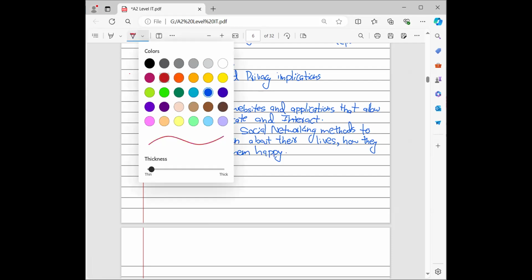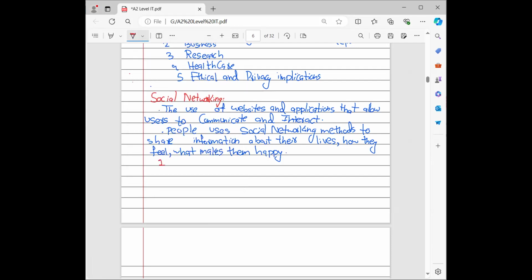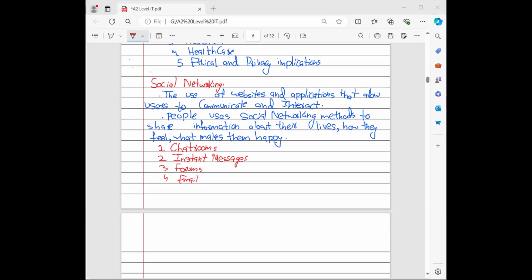Some examples right here can be chat rooms, instant messages, forums, email, blogs. Okay, so let's start discussing this as well.